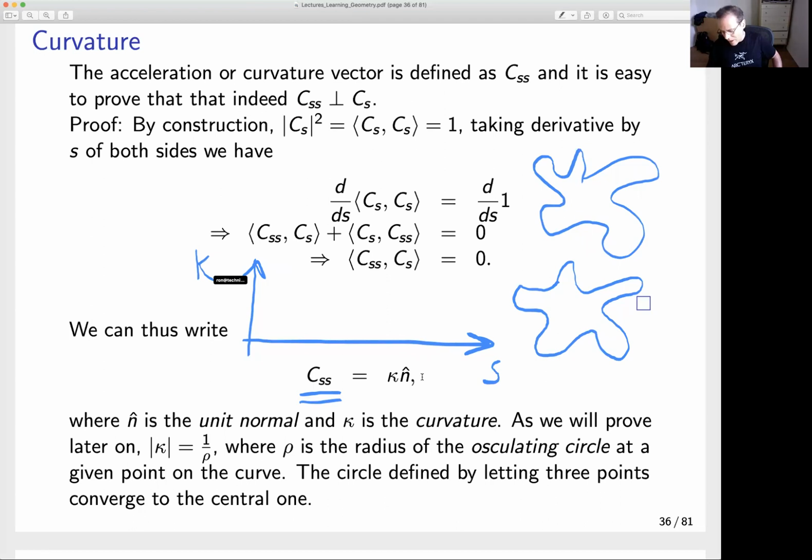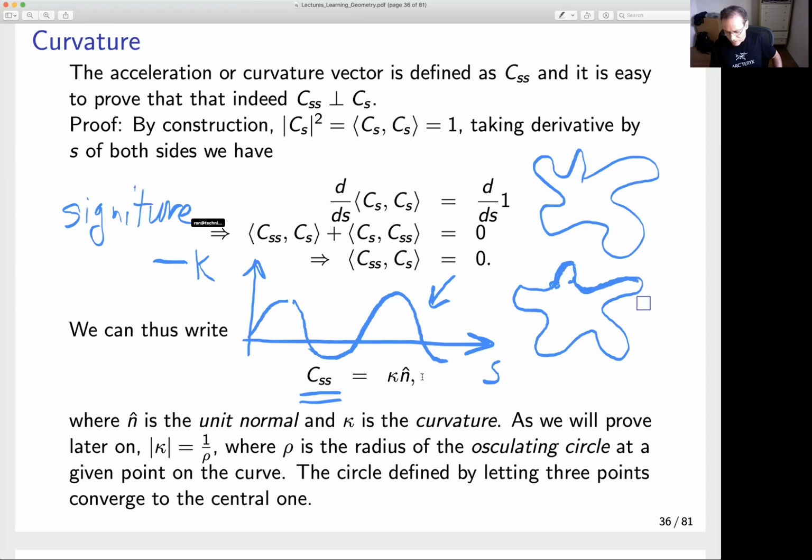Okay, so now when I'm traveling along this curve, I would have a curvature which goes from 0 to something high, and then it goes back to 0 here at the inflection point, and then I'm continuing my travel along the curve, and it would go positive again and negative, and this is called a signature of the curve. So the curvature kappa as a function of arc length is a signature of the curve.